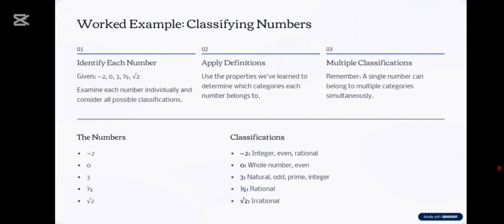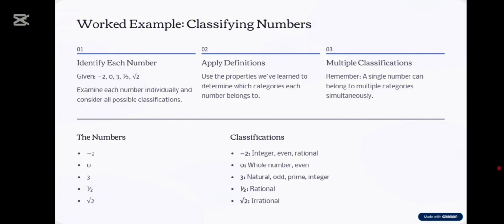Now I've tried to simplify things for you here. Once you want to classify a number, the first thing you need to do is identify each number. We need to examine each number individually and consider all possible classifications. Why?